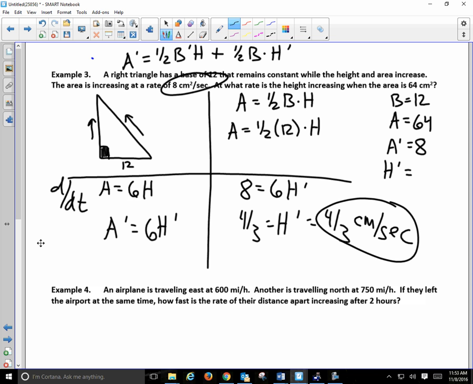No. So what is B prime if the base isn't changing? At what rate is the base changing if the base is not changing? 0. So this whole piece here goes away, doesn't it? And you're left with this expression, and we know that the base is 12, so you're left with 6H prime, which is exactly what we have, right? So that's why it works out in that situation. You see that? So some interesting pieces about that.